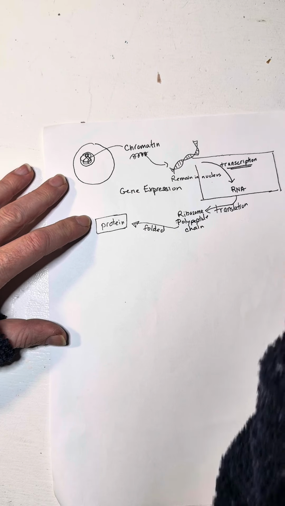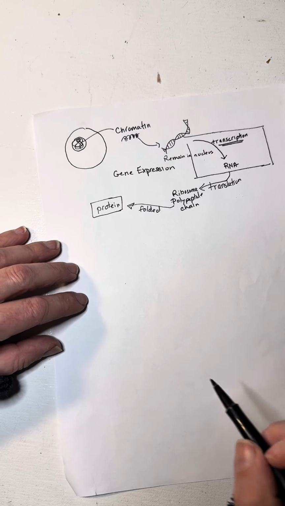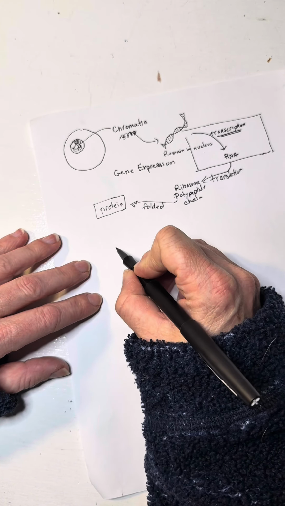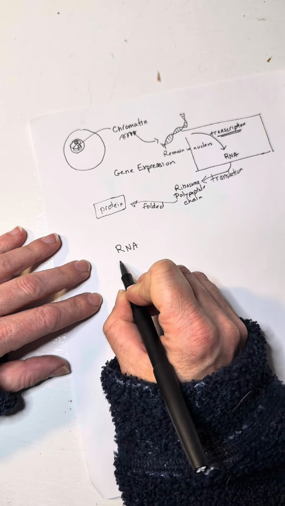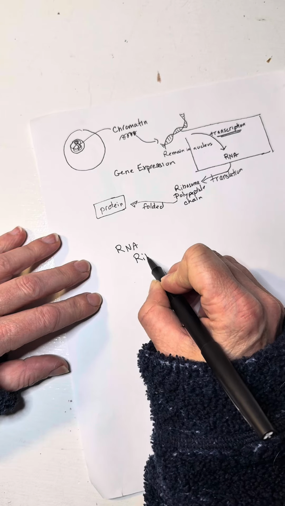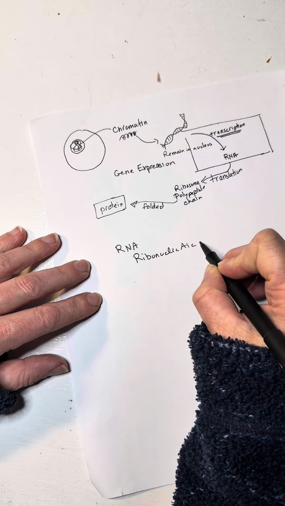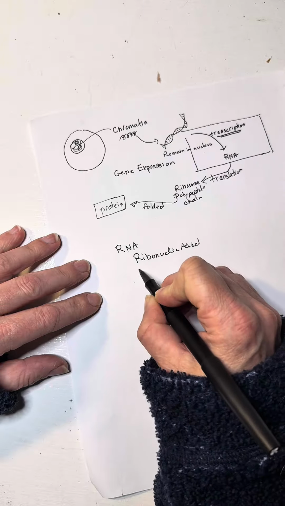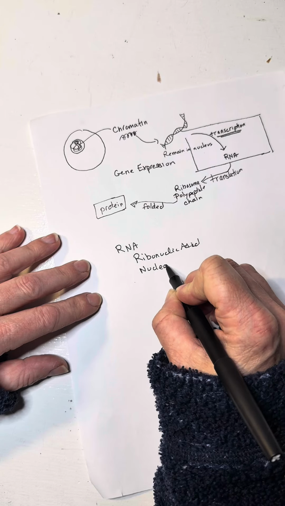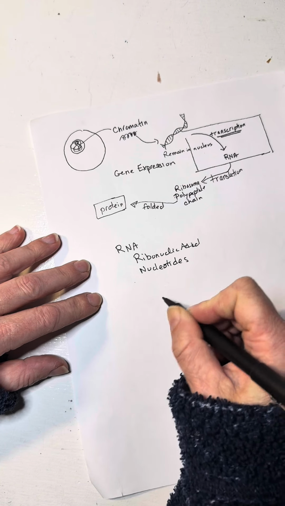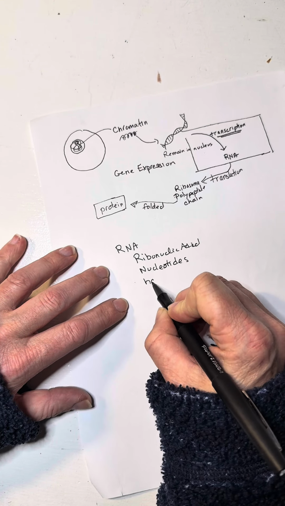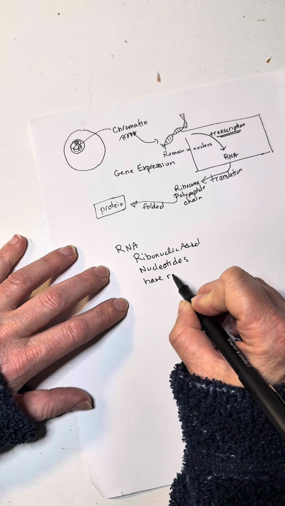All right, so we're going to take a closer look at transcription and RNA. First, a couple of words about RNA. RNA stands for ribonucleic acid. It is a nucleic acid, which means it is made of nucleotides. These nucleotides, though, have ribose as the sugar instead of deoxyribose.